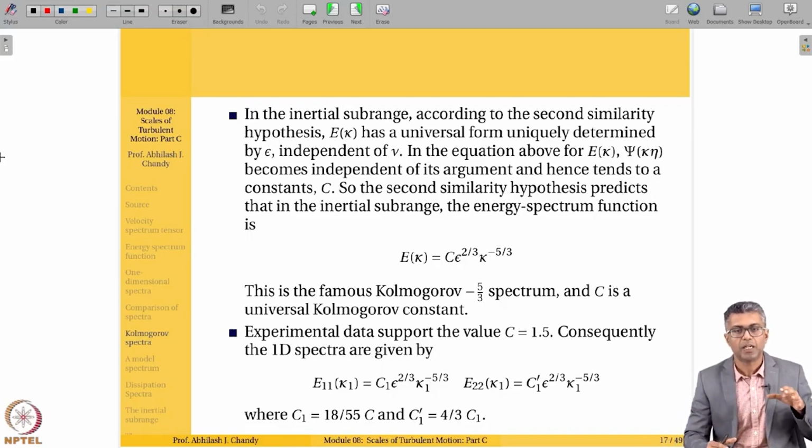Now in the inertial subrange, according to the second similarity hypothesis, E of kappa has a universal form which is uniquely determined by epsilon and is independent of nu, isn't it?